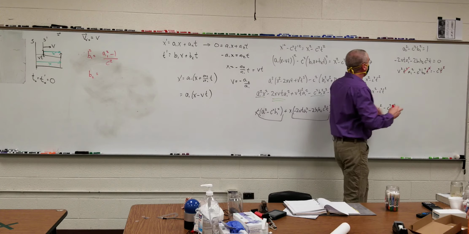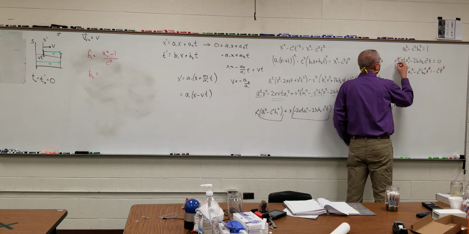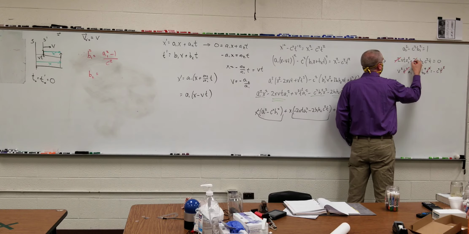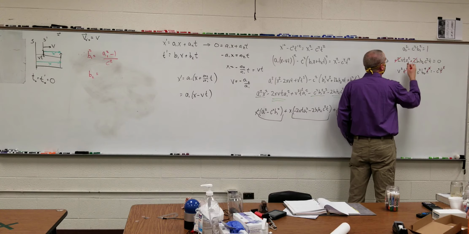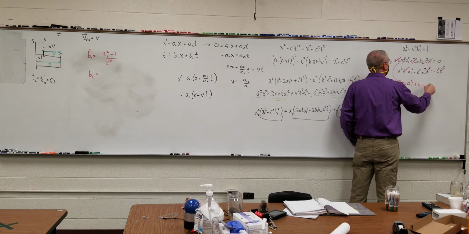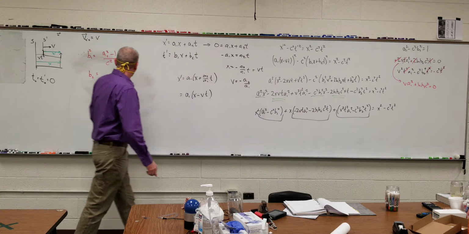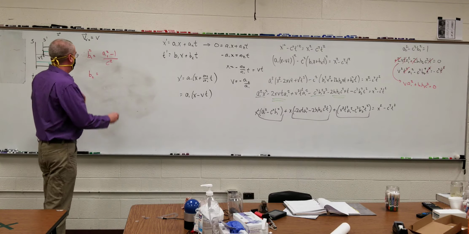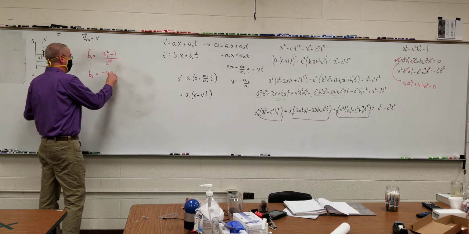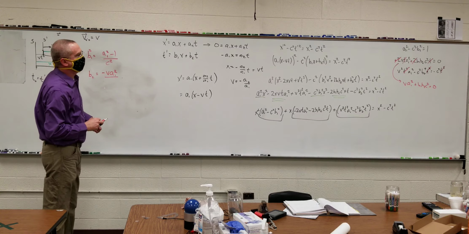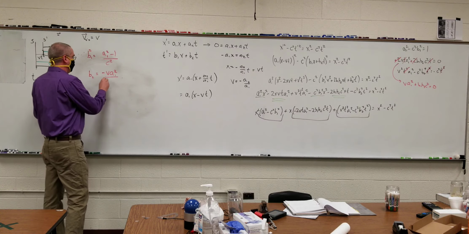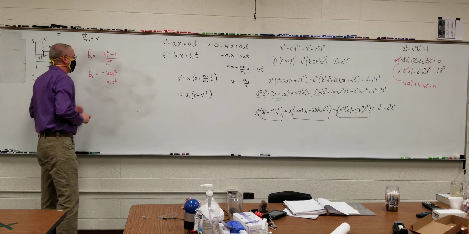So I get rid of my 2's, get rid of t. And so this now becomes v a1 squared plus b1 b2 c squared equals 0. So b2 would be negative v a1 squared divided by b1 c squared.